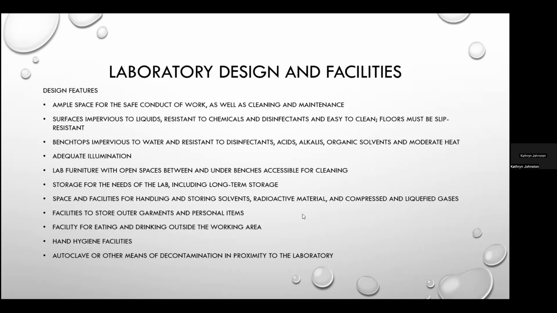So that's really important. Facilities for eating and drinking should be outside the working area. Hand washing basins with running water should be available in each laboratory working area or room. And there should be an autoclave or other means of decontamination in proximity to the laboratory for labs that are BSL level 2 and above.